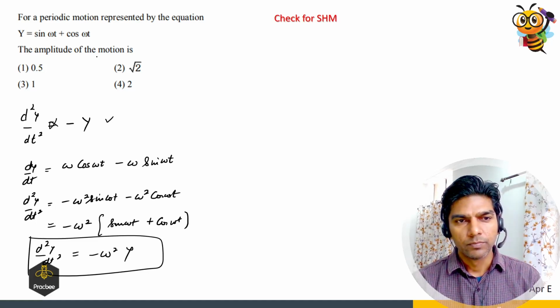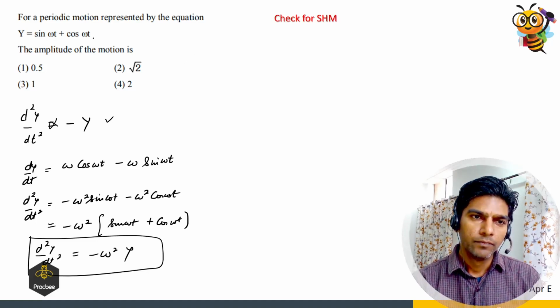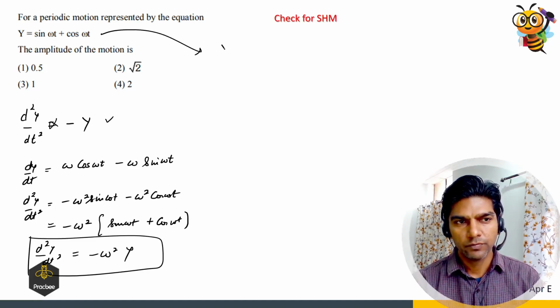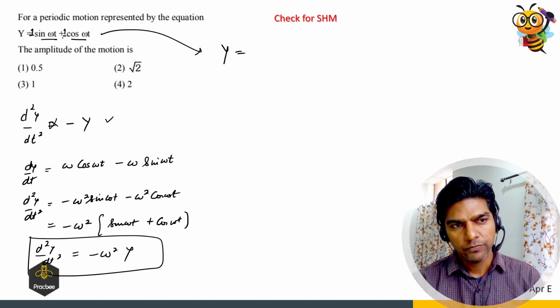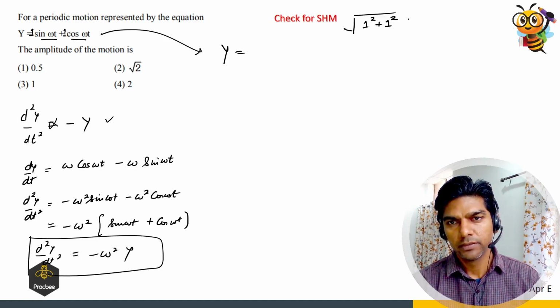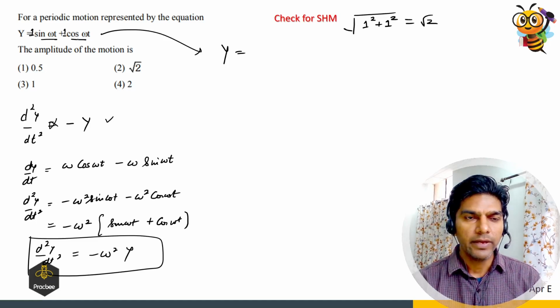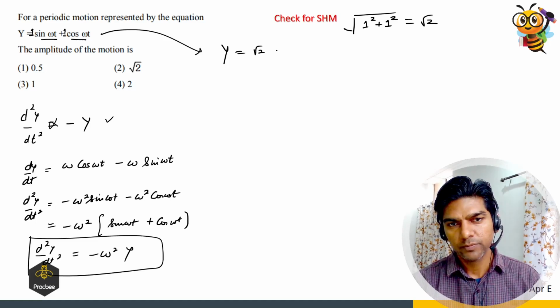And the amplitude of the motion will be what? So let us find the amplitude. Let me simplify this. So this can be written as y, where we have sine omega t and cos omega t. Here we have 1, here we have 1, right? So what we can do, if I take 1 square plus 1 square and root of that, this will give us root 2. Now if I divide and multiply with root 2, I will get root 2 times 1 by root 2 sine omega t plus 1 by root 2 cos omega t.